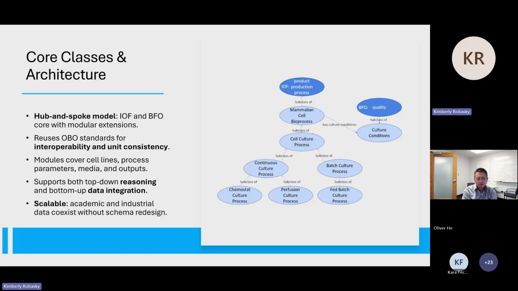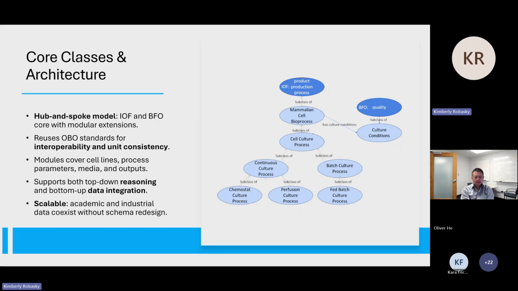So MICBO follows the hub and spoke model, extending the Industrial Ontology Foundry, or IOF ontology, into the biological manufacturing space. Its modules describe cell lines and process parameters, media and outputs, such as productivity and titer. Measurements like cell viability, productivity, gene expression, all specialized OBO term measurement data, bringing in standard units from the Units Ontology and descriptors from OBI and SBO for consistency.